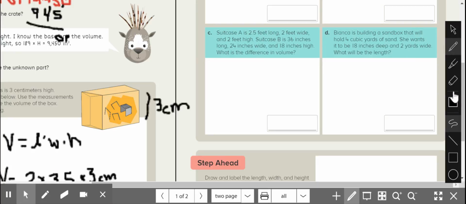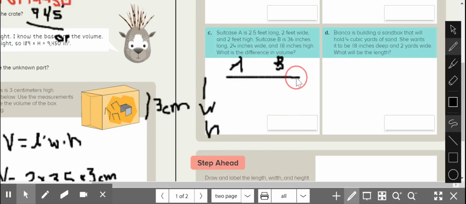I'm also going to come up with a different way to do this. And I'm not sure if this is going to be correct or not. We'll start with A and B. We're going to talk about the length, the width, and the height. So I'm making a little bit of a chart.